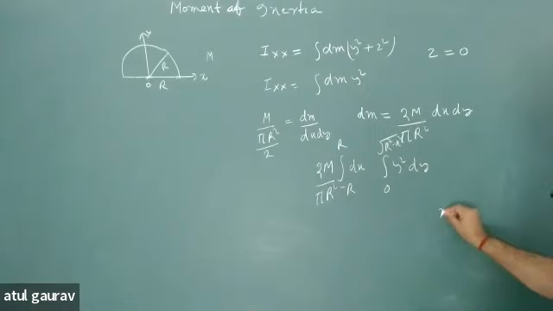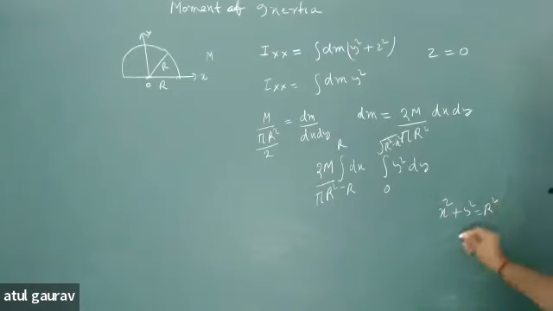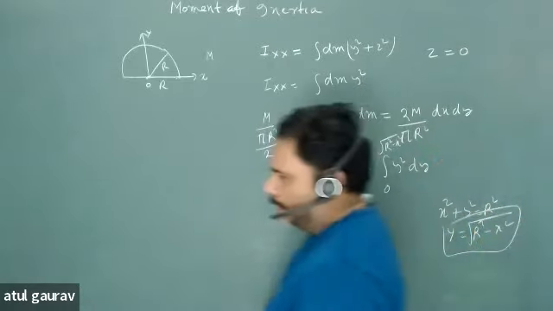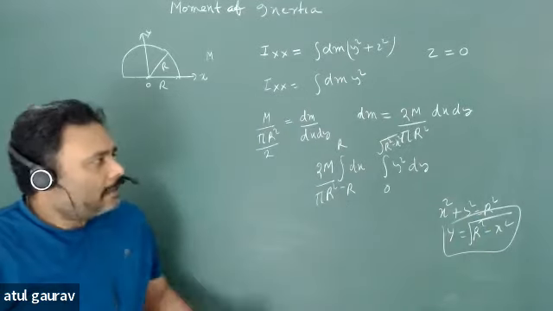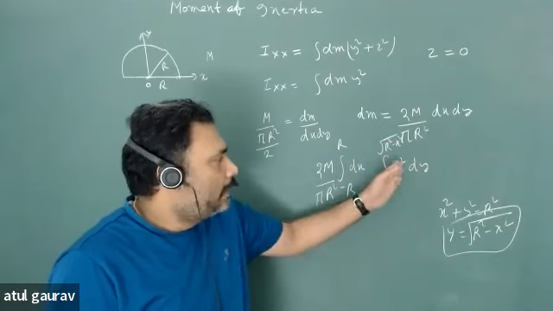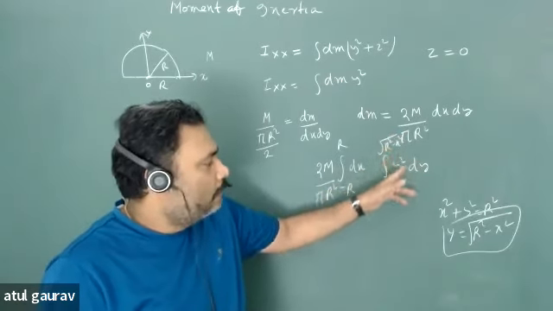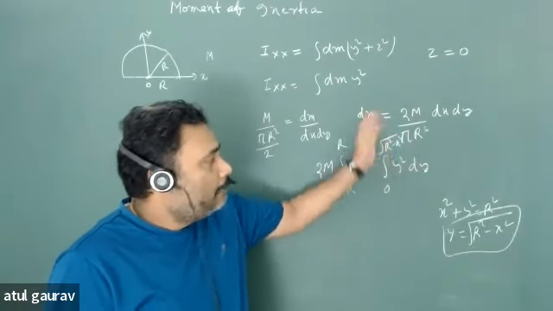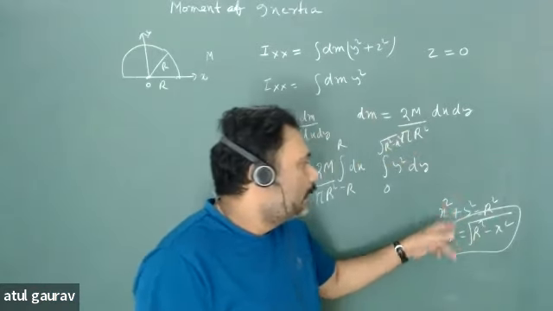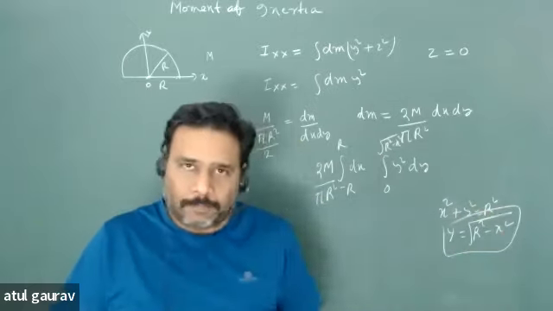Yes, sir. Because I have a circular thing, x square plus y square is equal to r square. So I can write y is equal to square root of r square minus x square. So this is absolutely correct. This is not wrong. But look at what the real challenge is. When we integrate over y, I have to write y as a function of x because I have an equation of constraint, x square plus y square is equal to r square.